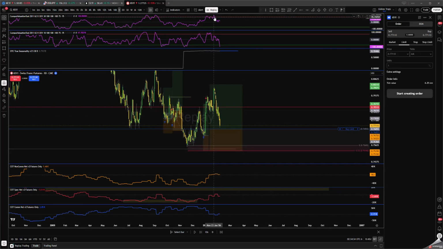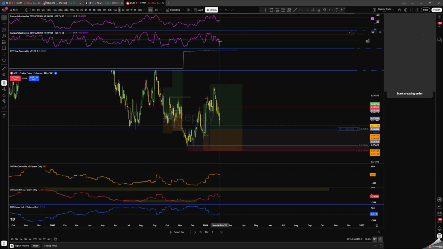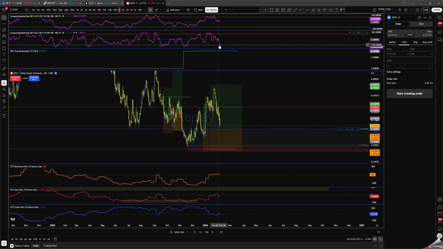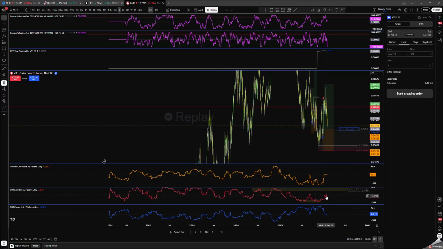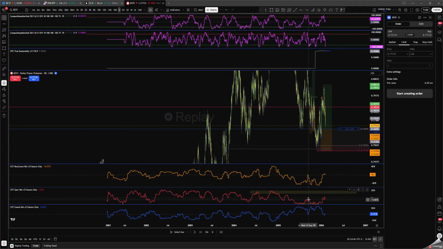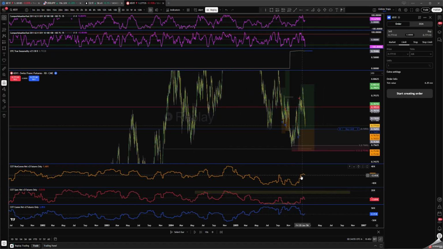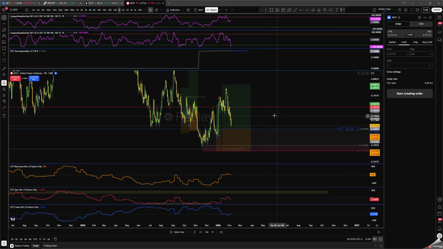So long-term valuation is around the mean, short-term is undervalued. Retailers are not at the very peak, so we can still try to go long.